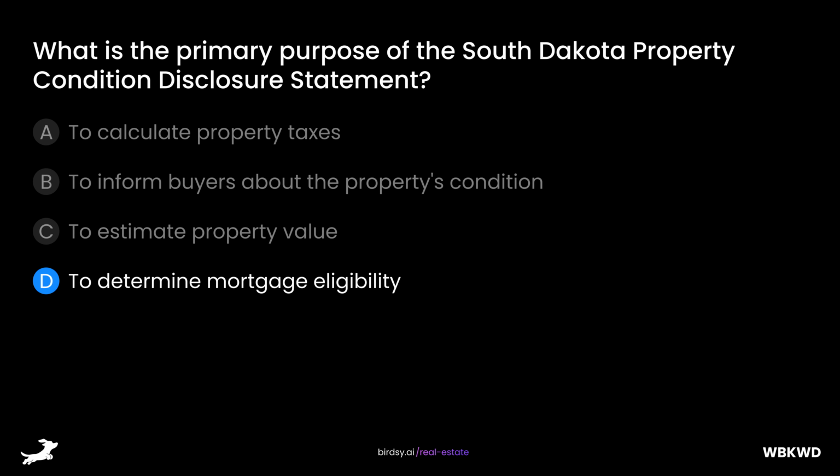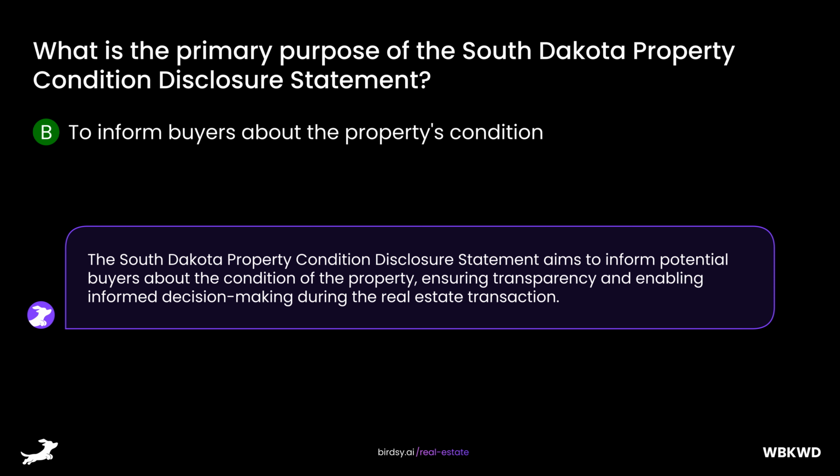Or D, to determine mortgage eligibility? The answer is B, to inform buyers about the property's condition. The South Dakota Property Condition Disclosure Statement aims to inform potential buyers about the condition of the property, ensuring transparency and enabling informed decision-making during the real estate transaction.